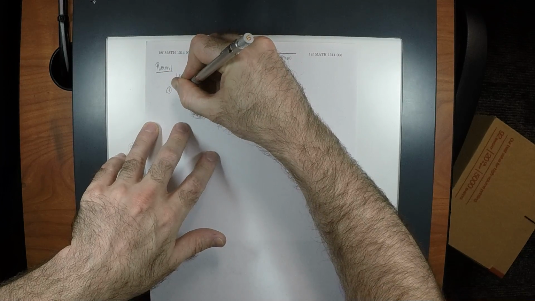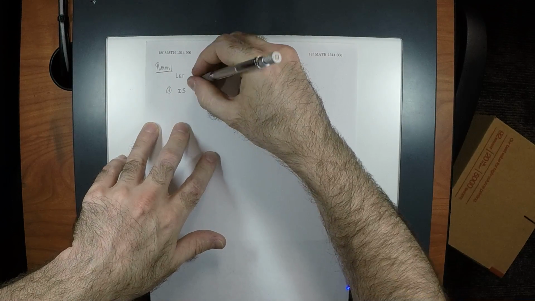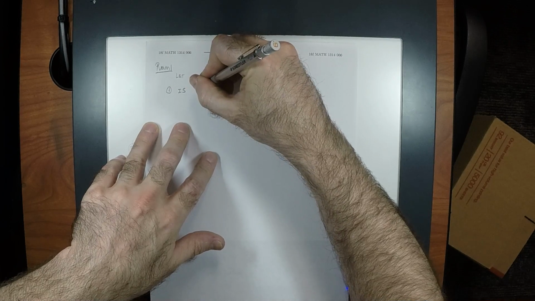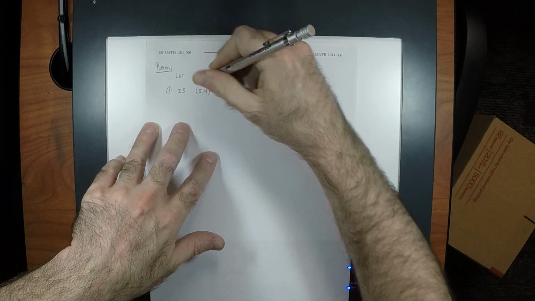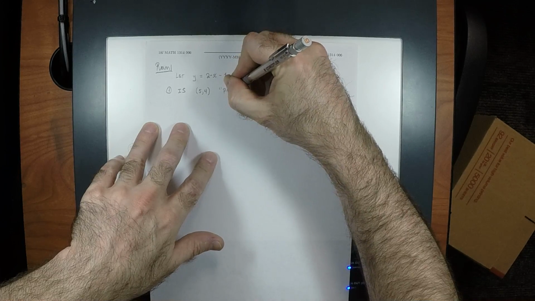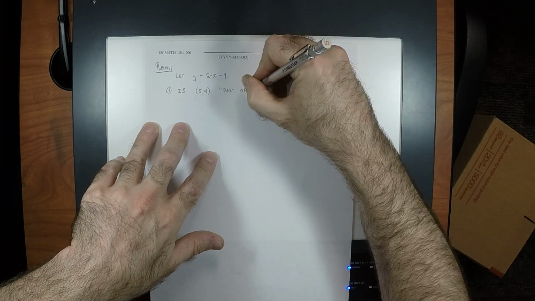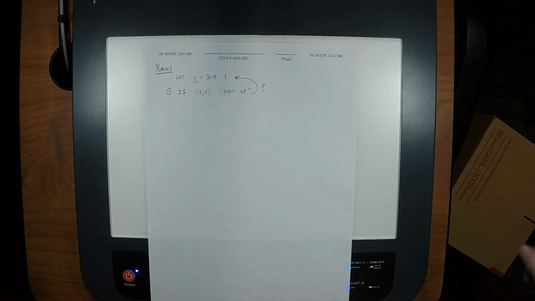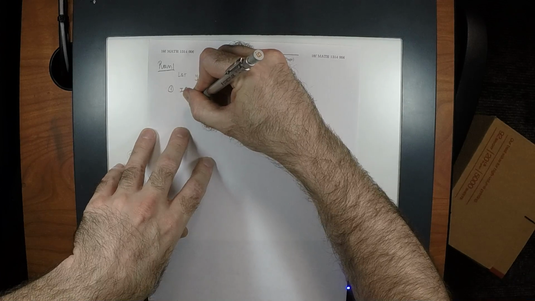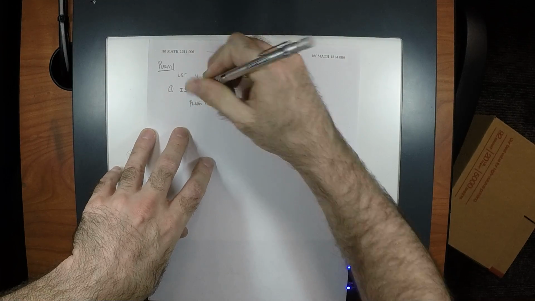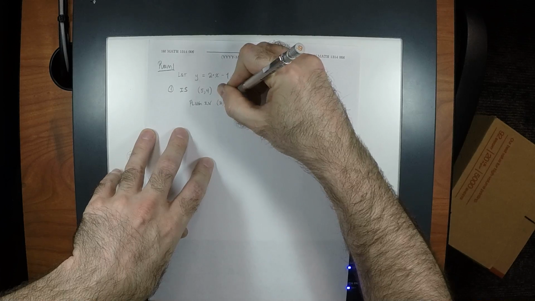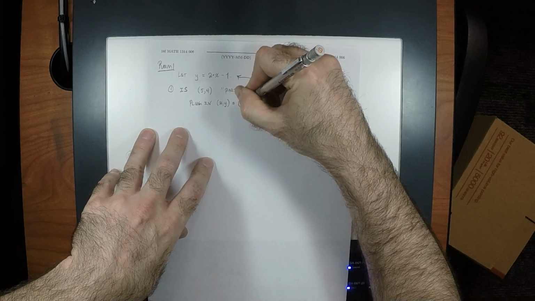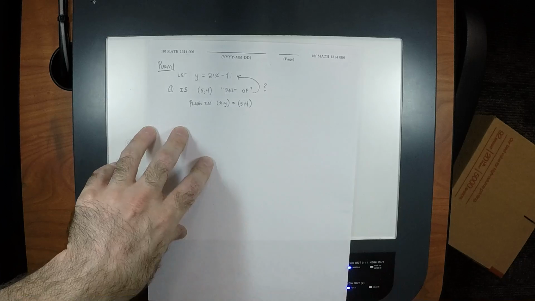Okay, so here's a question, which I can't state precisely, so I'll put it in kind of scare quotes: is the point 5, 4 "part of" this? We'll have a better way to say "part of" in a few minutes. So specifically, what I'm asking you to do is please plug in xy equal 5, 4, and check.